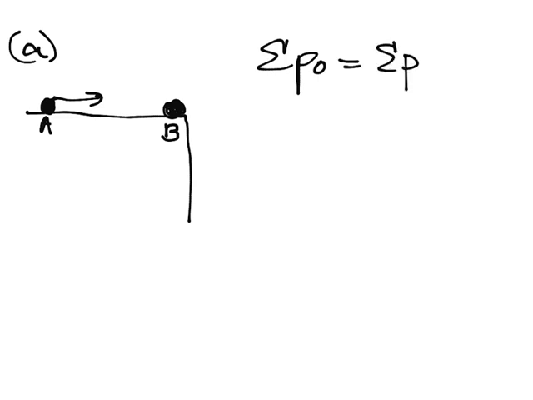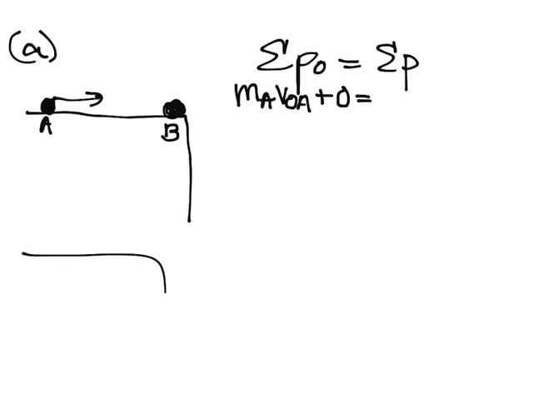Okay, at the beginning, we have MA times V naught A. We know that this V naught, that's 1.4. And ball B is not moving, so it doesn't have any speed, so we have plus 0 is equal to, and then at the end, we know that A rebounds.